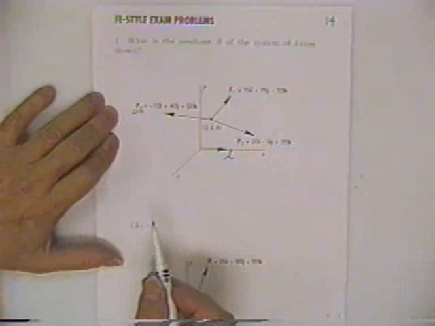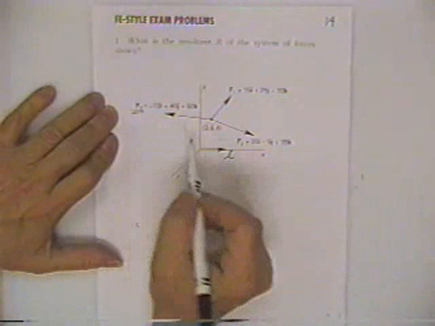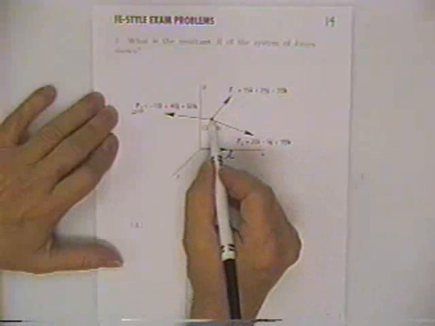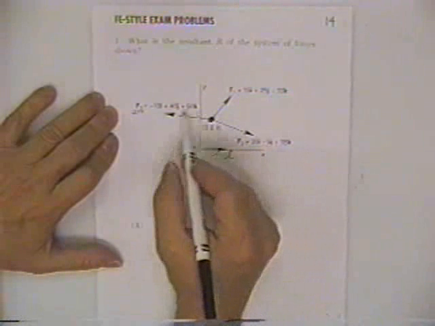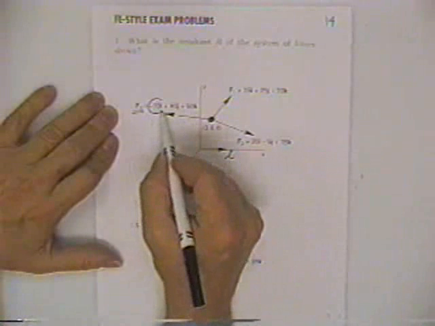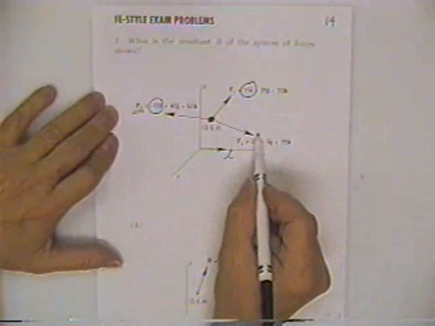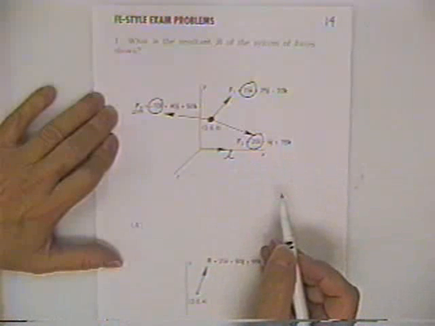The nice thing about keeping track of the components of the force in this fashion is they're very easy to add. Because if you would like to know one resulting force which would replace all 3 of these guys, all you got to do is take this x component, add it to this x component, add it to this x component, and you have the x component of the resulting force.